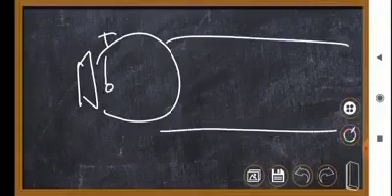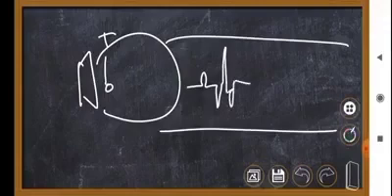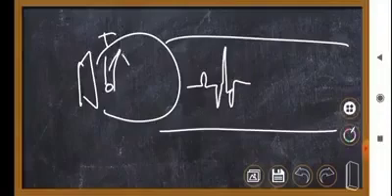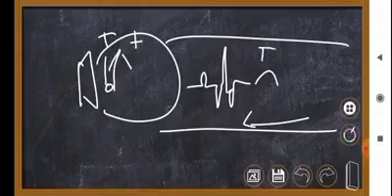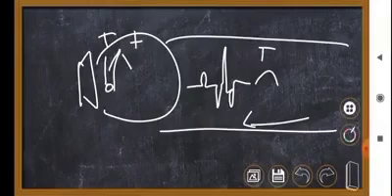So again, suppose this is our P wave, Q wave, R, S and ST that we have already discussed. Now it again deflects towards positive, and this roll is moving, and again this wave towards the positive side is formed, and we call this wave the T wave.